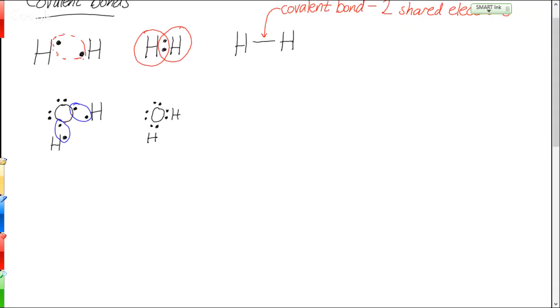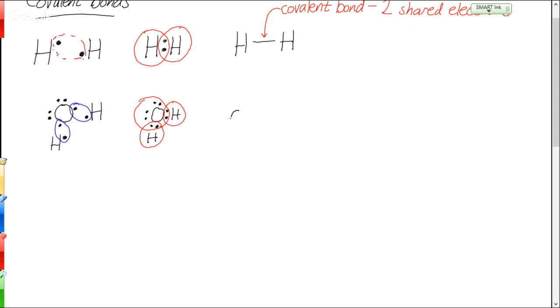And now we can say that oxygen has its 8 valence electrons that it wants. And each of those hydrogen atoms has the 2 electrons that they want. So it works out for everybody.